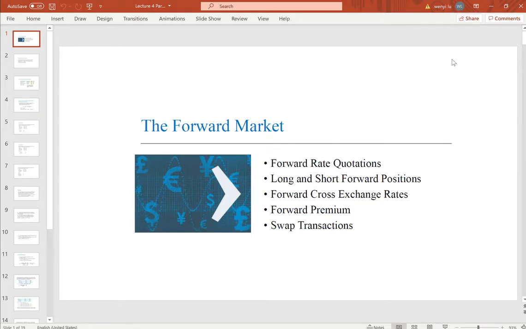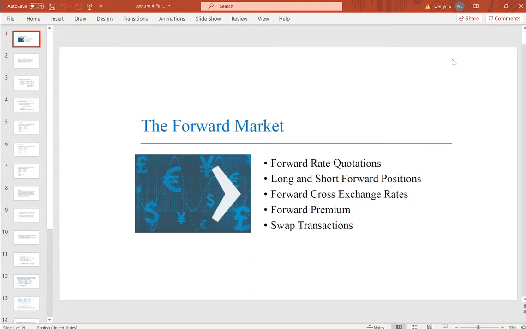Okay, so now this is the last part of our chapter 5. So why do we spend a lot of time on chapter 5? Because chapter 5 is a very comprehensive chapter including many topics. That's why we need to spend more time on this chapter to give you a detailed introduction for each of the different topics we have.